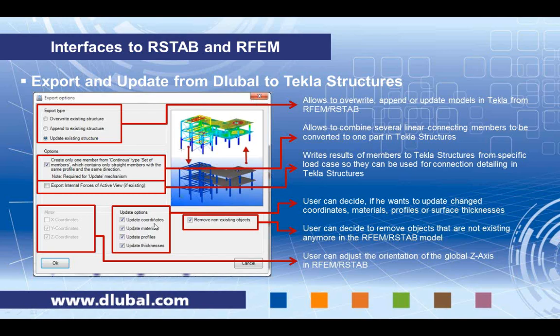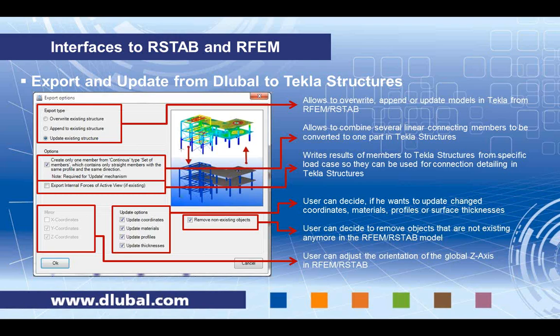Updating allows us to update coordinates, materials, profiles or cross sections, and thicknesses of slabs and walls. I have also here another special option that is called remove non-existing objects. If it is checked and I export into an existing model and I have in Tekla something which is not there in the RFEM model, it will remove this object, which does not exist in RFEM, also in Tekla.